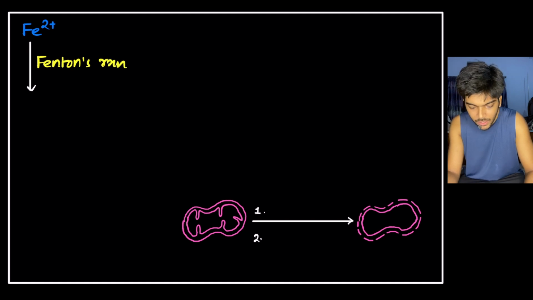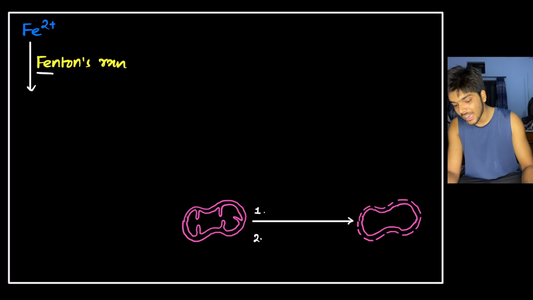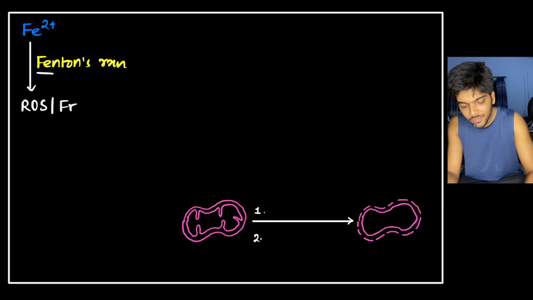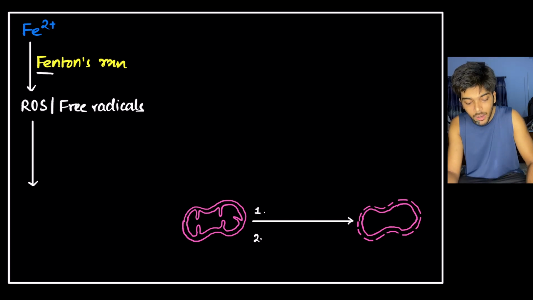See, it has Fe in the name, so it obviously has iron involved. Due to Fenton's reaction, there is production of reactive oxygen species, also referred to as free radicals. And these free radicals produced within the cell bring about free radical injury.